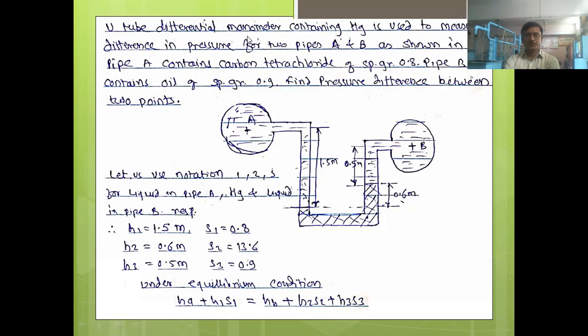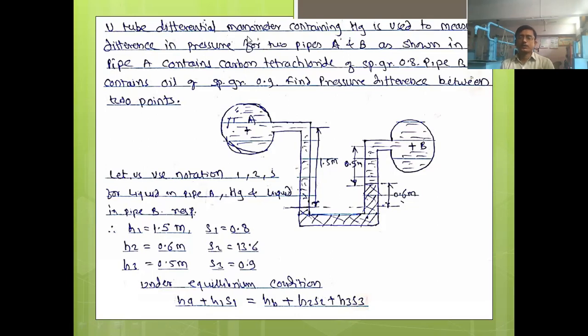H1 is equal to, if you see, the column in the left limb, it is H1. So H1 is equal to 1.5 meter. Then we are using notation 2 for the manometric fluid. So H2 will be equal to 0.6. Then H3 is equal to 0.5. The specific gravity of the liquid in pipe A is 0.8. Therefore, S1 is equal to 0.8.